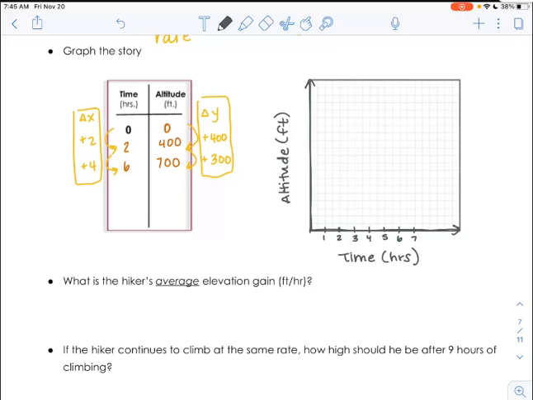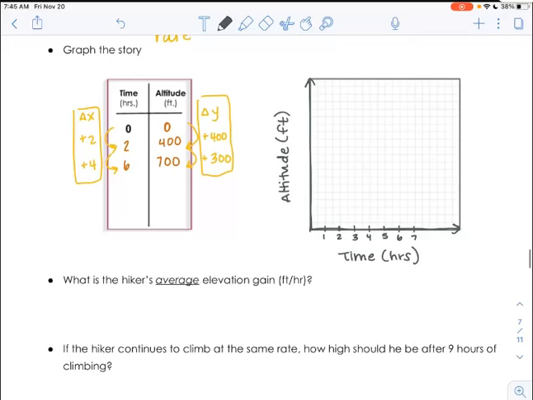So I'll mark out time that way, just so my graph isn't so squished. I'm spacing those hours out a little bit, and then altitude is actually increasing quite quickly. We have to get all the way up to 700, so I'm going to count by hundreds, but I'm going to do the same thing. I'm going to skip a line in between to give myself a little bit more space. So here I have 100, 200.